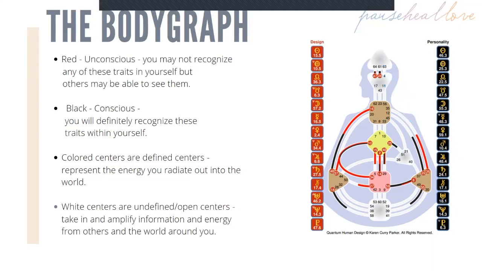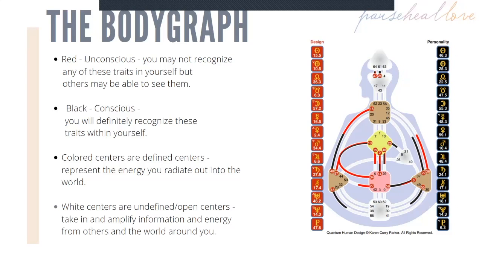These centers take in and amplify information and energy from others and the world around you. I also want to add that the energy in undefined centers is inconsistent because it changes depending on the people you're around. Now, again, as I stated, none of this is good or bad.